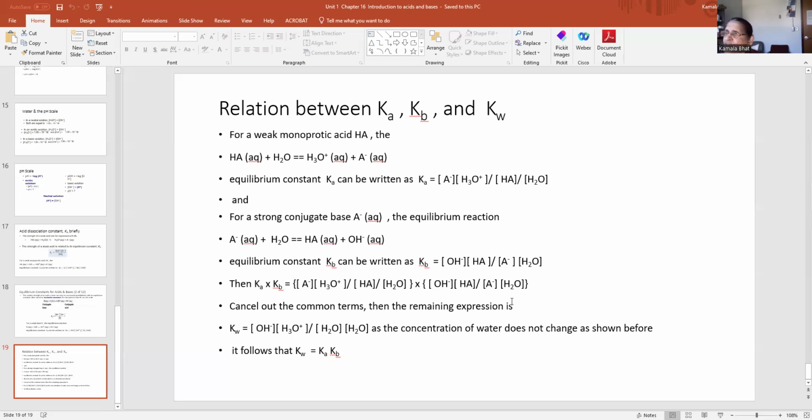As the concentration of water does not change as shown before, it follows that the product of the equilibrium constant for a weak acid and the conjugate base of the same acid is always equal to Kw, called the autoionization constant for water. And with that, I'm going to stop sharing.